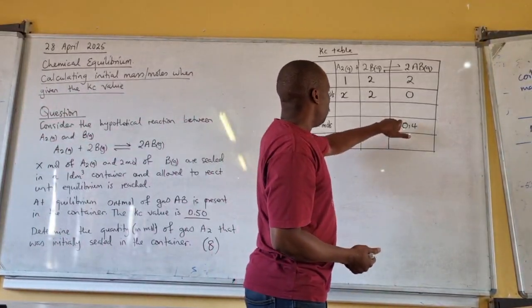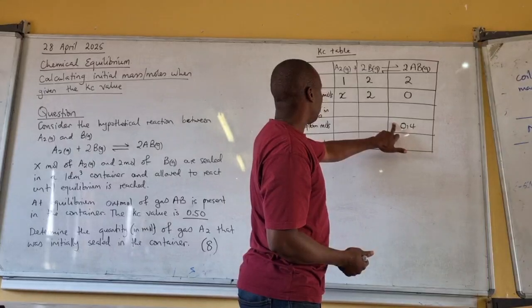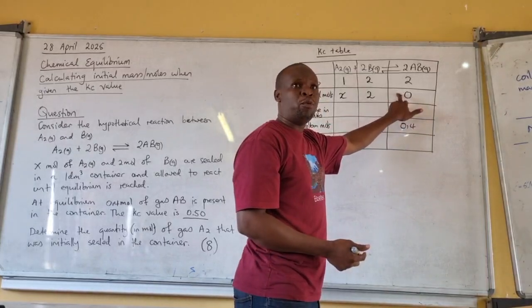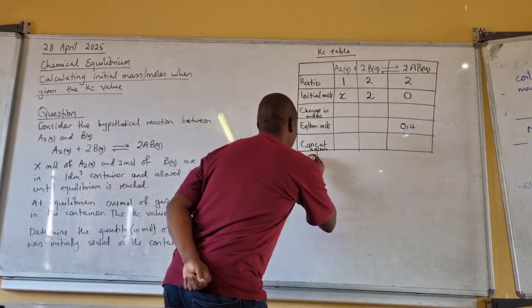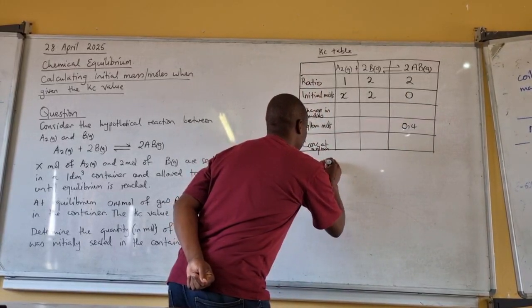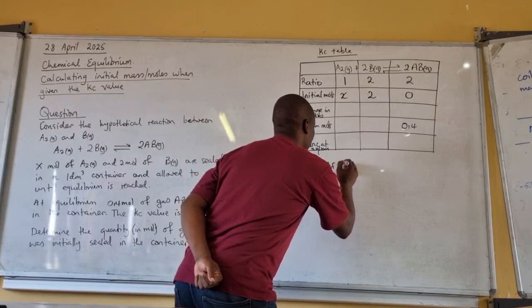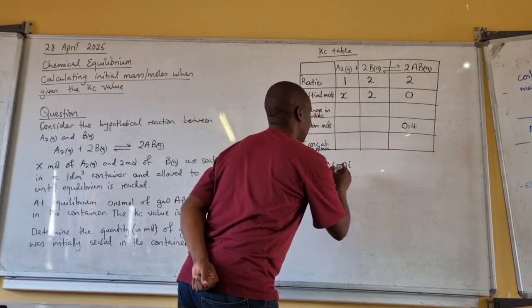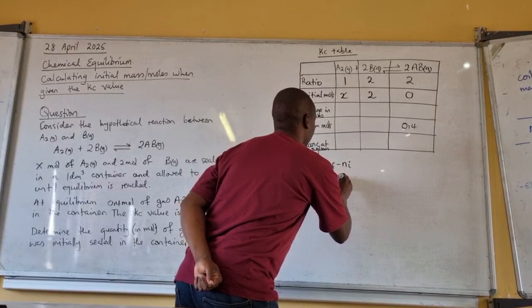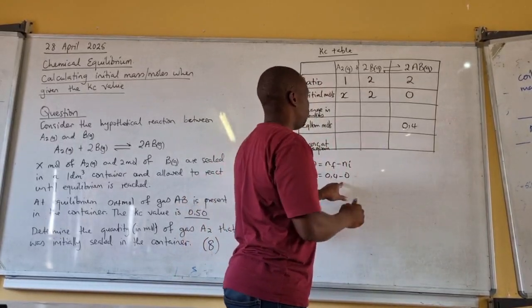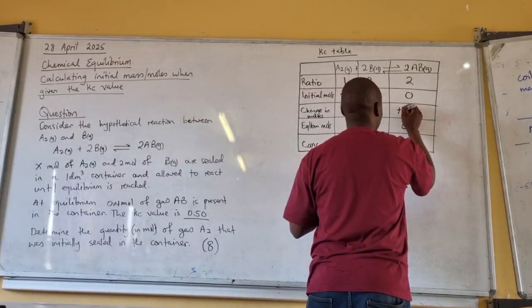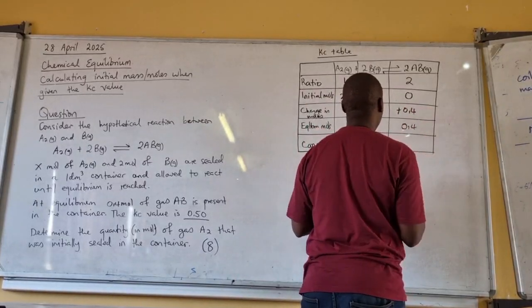So we have our equilibrium number of moles here and the initial number of moles. We can calculate the change. Our change, as usual, is delta N equals N final minus N initial. Right, 0.4 minus 0 will give us positive 0.4.